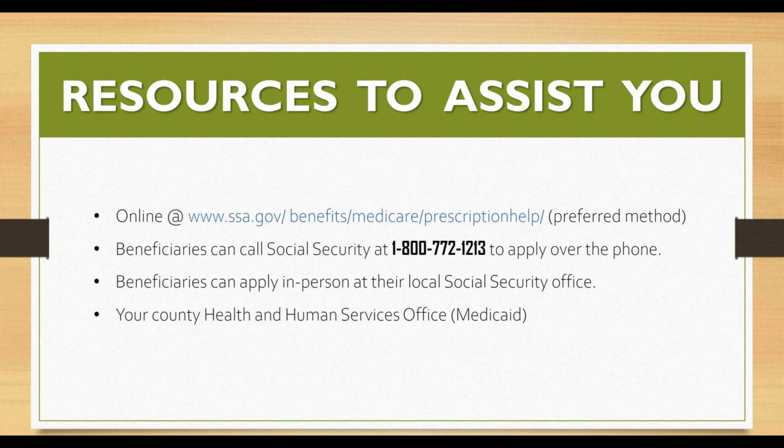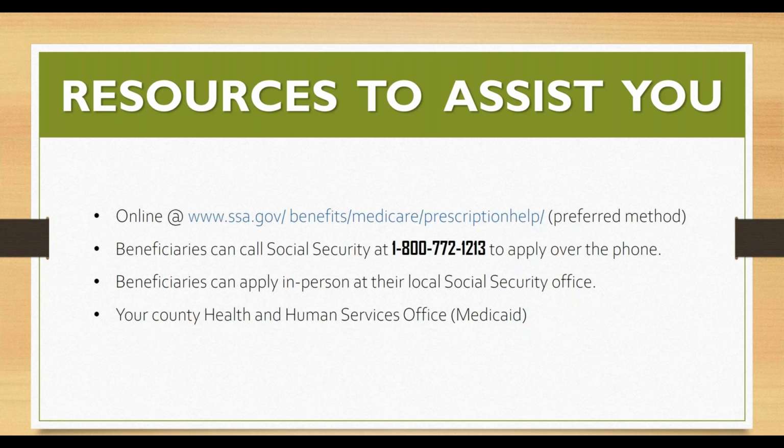In fact, it will automatically apply on your behalf for Medicaid unless you click a box that says don't do it. So the application to get into Medicaid, if you didn't have it already, or to get extra help is actually the same process.